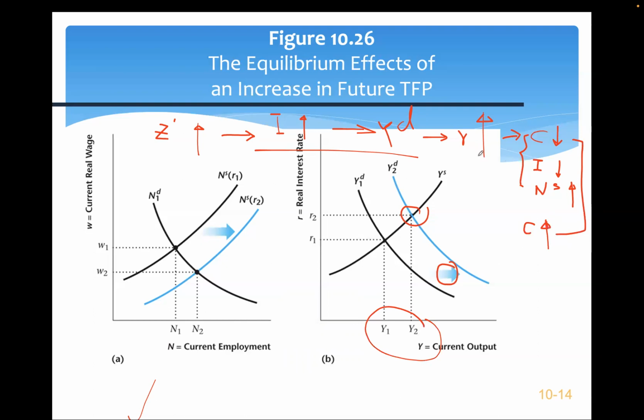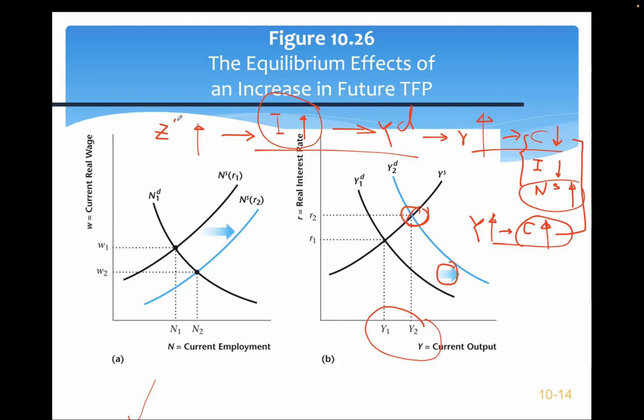In other words, this effect is going to be dominated by the increase in Y. Where is this coming from? It's coming from the increase in Y. Why is there an increase in Y? Look at here. Investment is usually going to dominate this effect. Investment is going to increase, and the labor supply is going to increase.